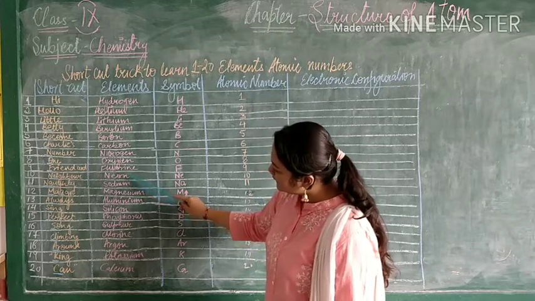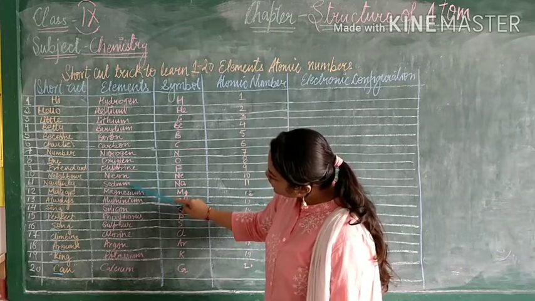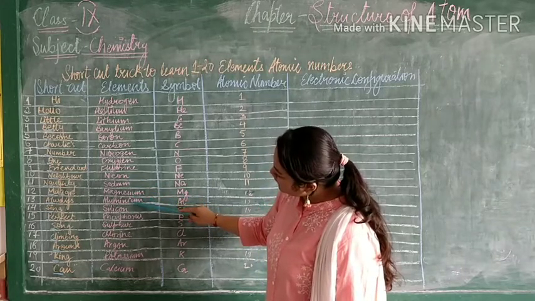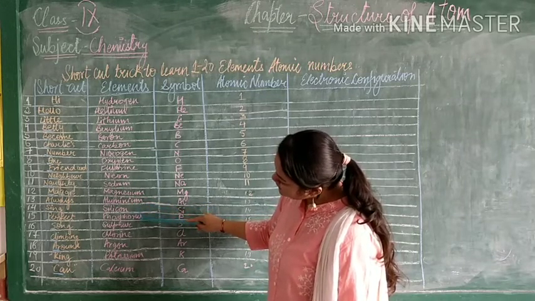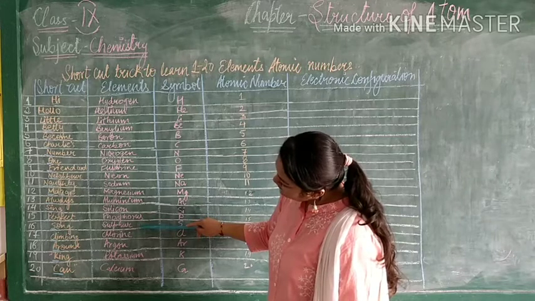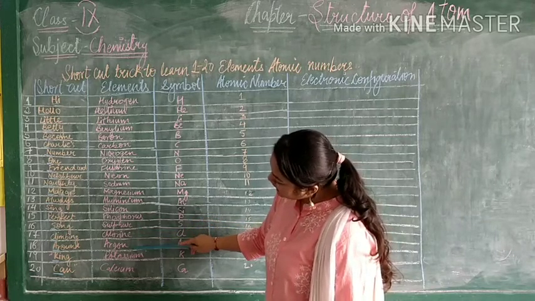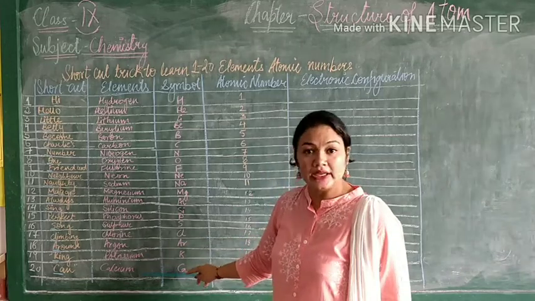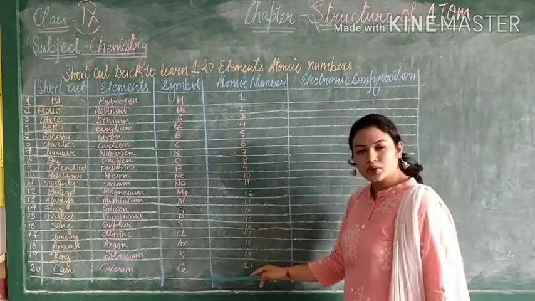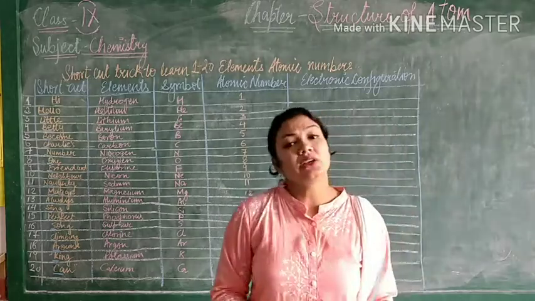And then neon 10. Sodium 11. Magnesium 12. Aluminium 13. Silicon 14. Phosphorus 15. Sulfur 16. Chlorine 17. Argon 18. Potassium 19. And calcium 20. So you can see the symbols also, and you need to learn the symbols.